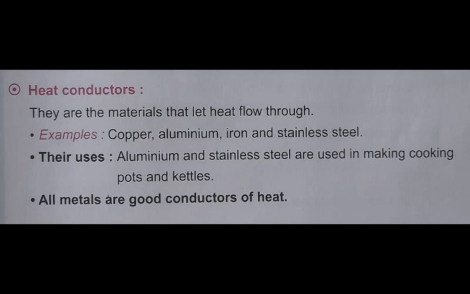Heat conductors are the materials that let heat flow through, such as copper, aluminum, iron, and stainless steel. Their uses: aluminum and stainless steel are used in making cooking pots and kettles. All metals are good conductors of heat.